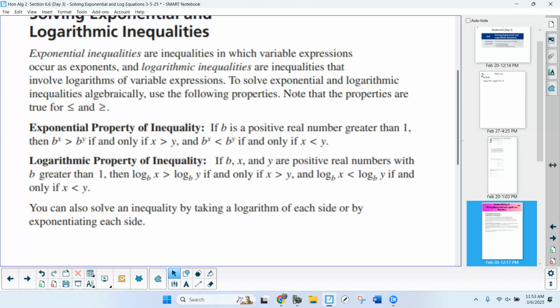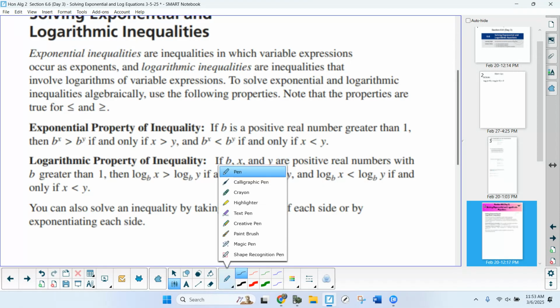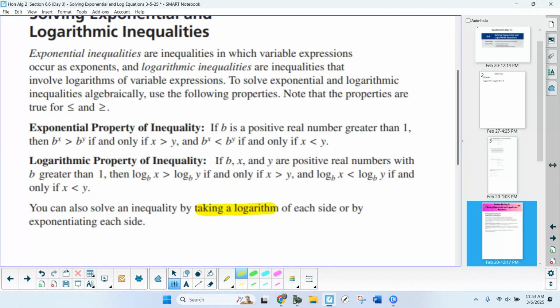You can also solve each logarithm by taking the log of each side or by exponentiating each side. So I'm going to tell you right now, those are big.